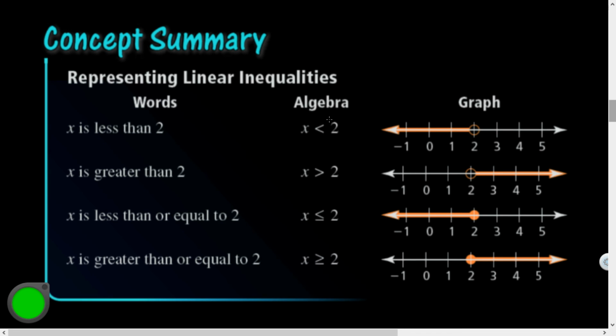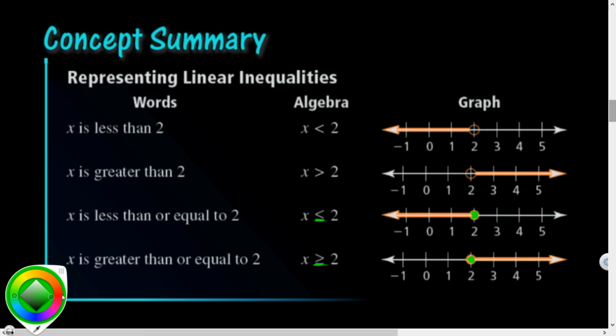So here's a quick summary. x is less than 2: less than symbol, open circle, shaded to the left. x is greater than 2: open circle shaded to the right, and the symbol is the greater than symbol. Less than or equal to includes the underline, and the circle is closed, shaded in. And x is greater than or equal to has the underline, so the circle is shaded in.